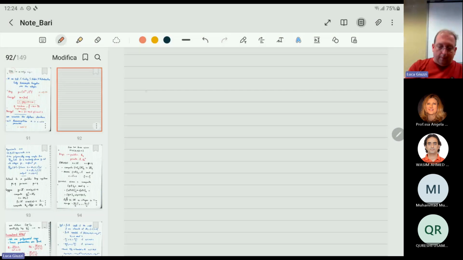So C is PQ plus 2R plus M. We do C mod P, and PQ mod P is 0.